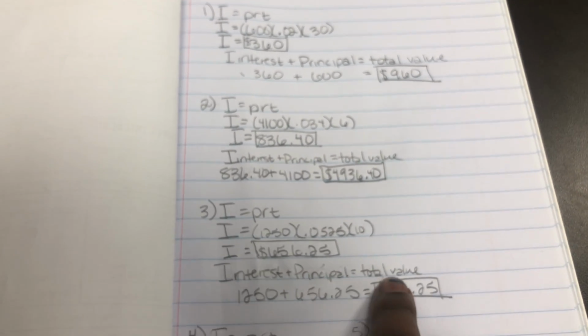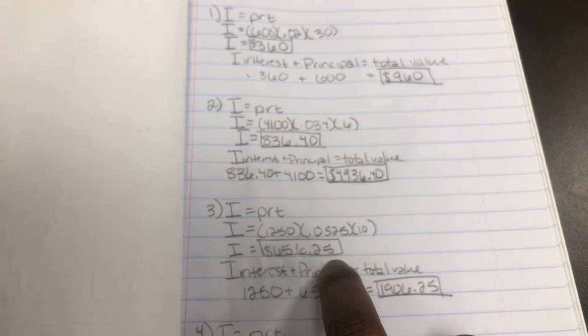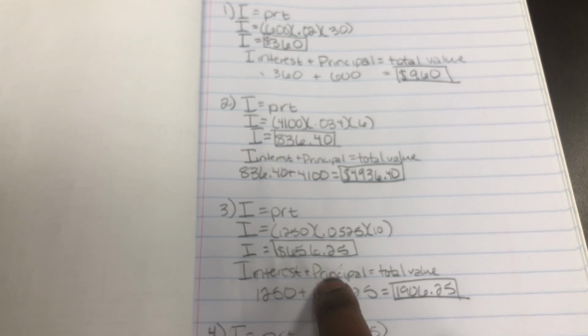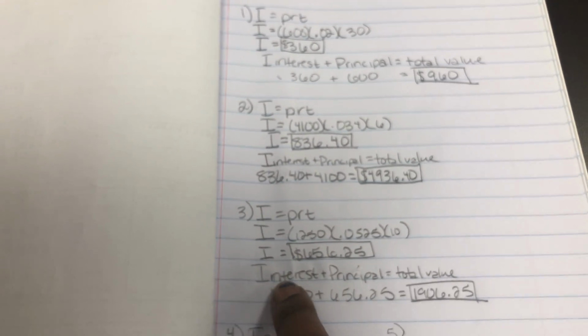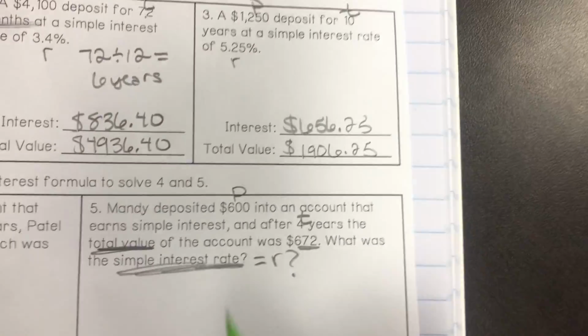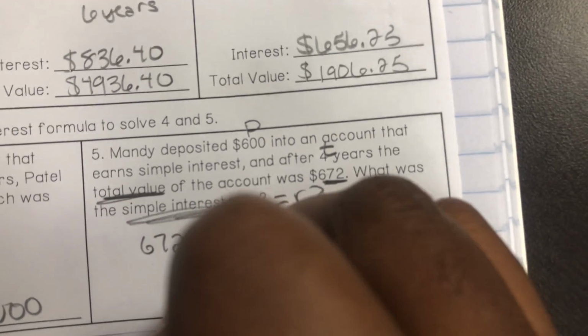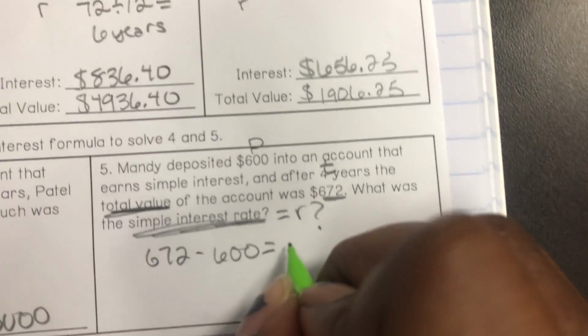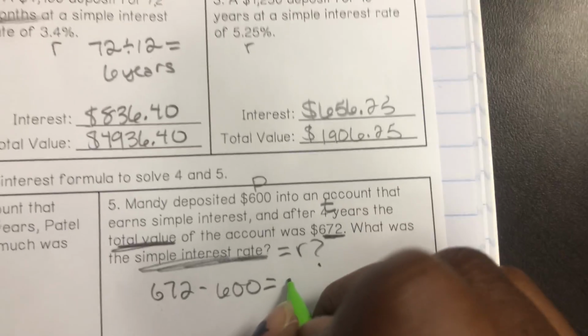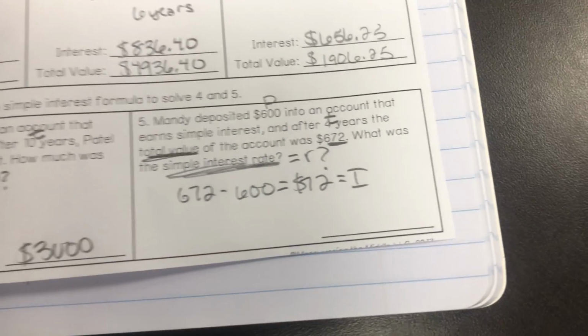They're giving us this total value right here, and they gave us the principal. So we had to just subtract those in order to get this interest only. So that's what we're going to do here. Take 672 real quick, subtract 600 from that, and hopefully you know without having to use the calculator that that's just $72 is your interest.